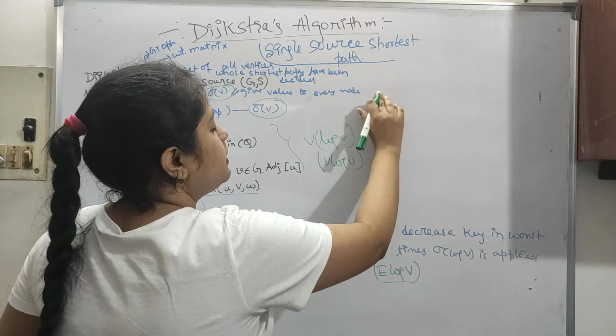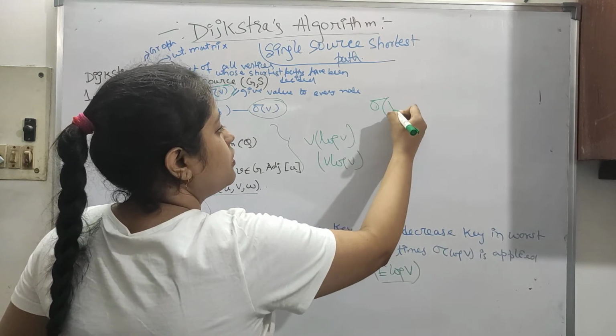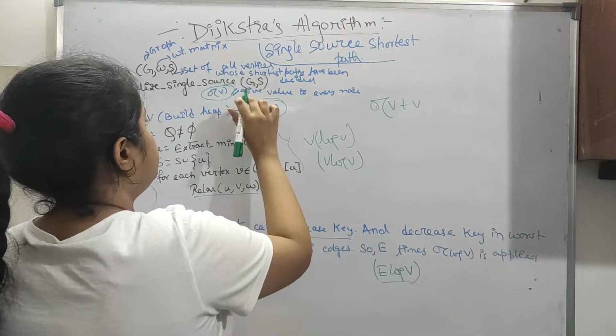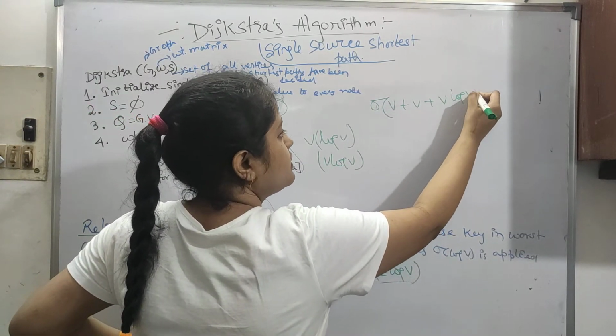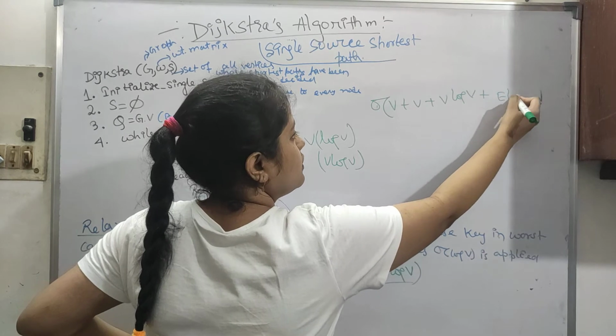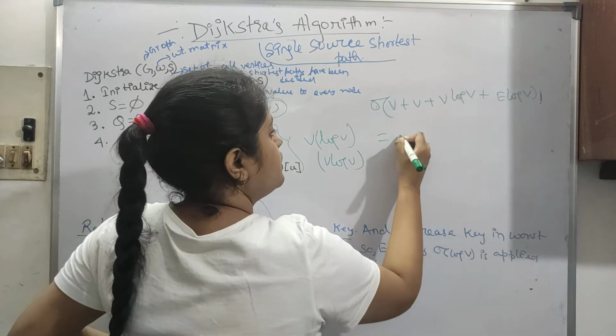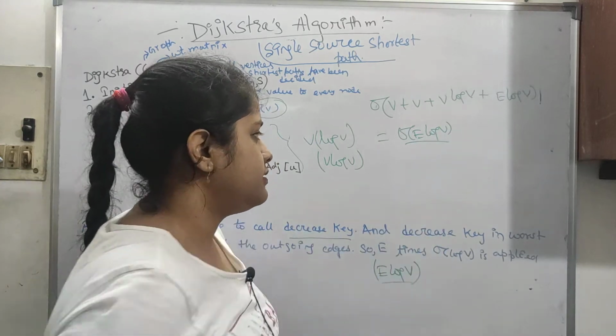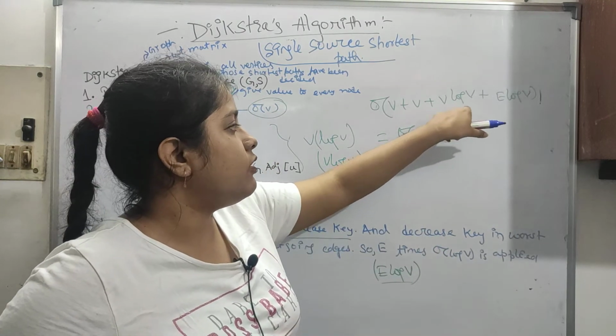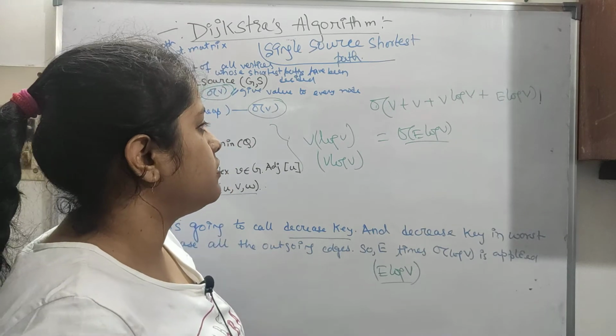So our time complexity comes down to order of V plus V log V plus E log V. We take the worst and take it as E log V. In many questions in test series, I have seen V log V and E log V also there.